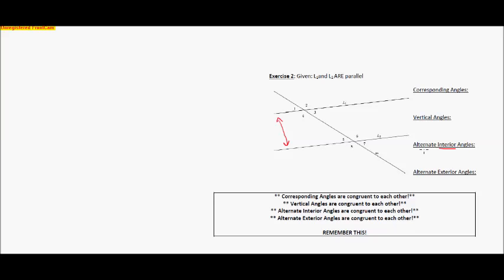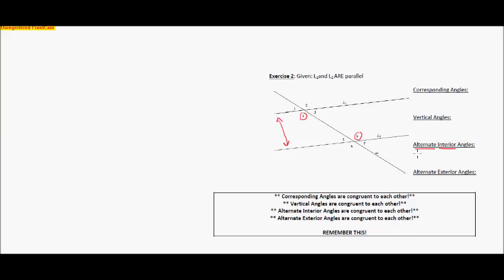So then I go to this word alternate, and alternate means to go back and forth. So if I go on the interior of the parallel lines, and I go back and forth across the transversal, a pair of alternate interior angles would be this angle, and staying on the interior but going alternate, I'm going to go across the other side of the transversal.